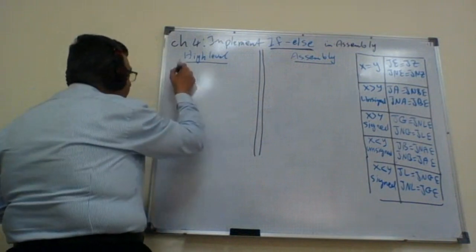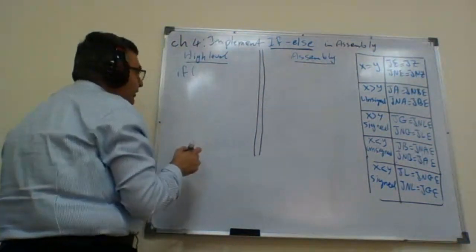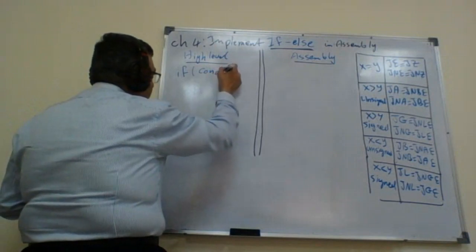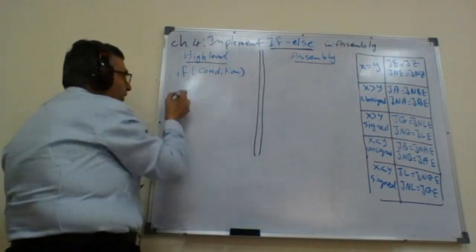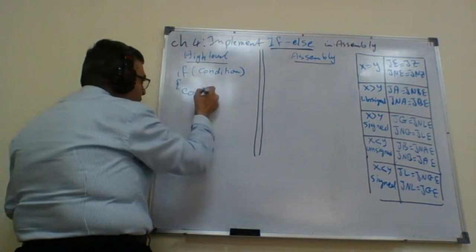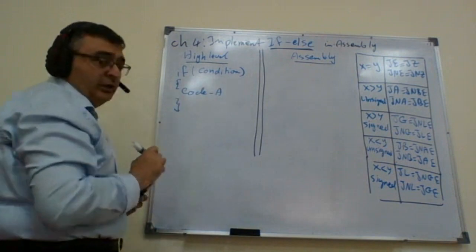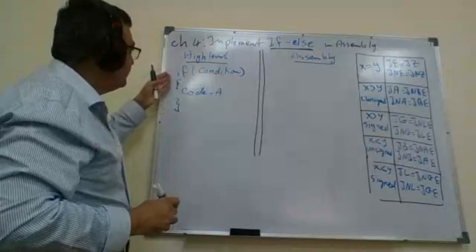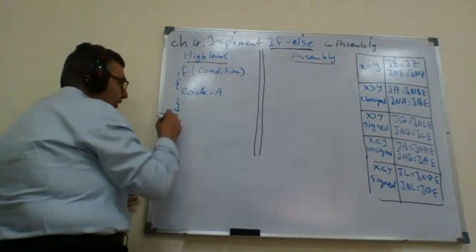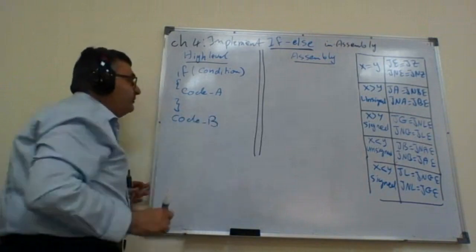In a high-level language, we have the if statement: if some condition, with brackets, and some code A that needs to be executed. First we start with the simplest case, only an if statement without else, and we may have code B after the if statement.